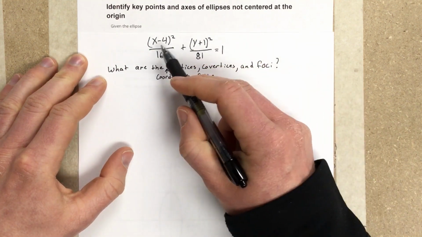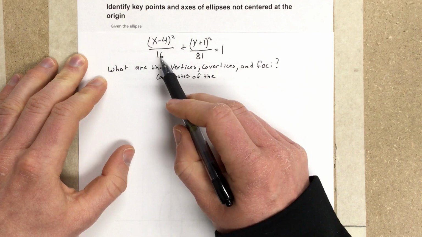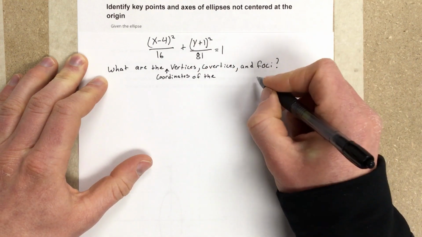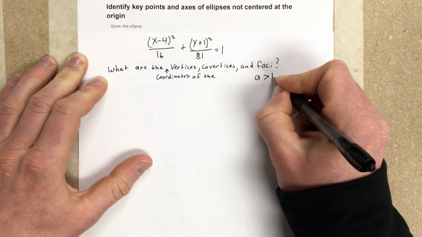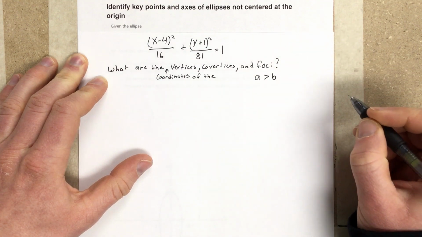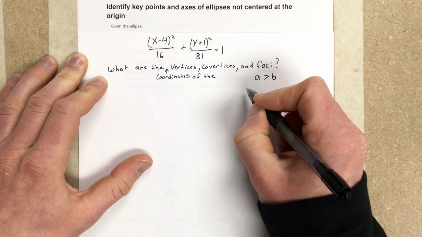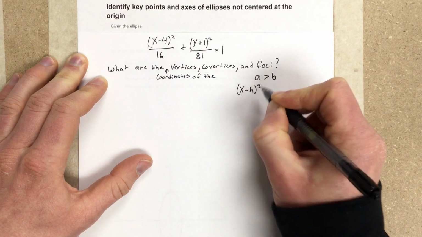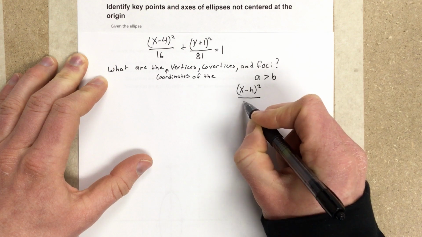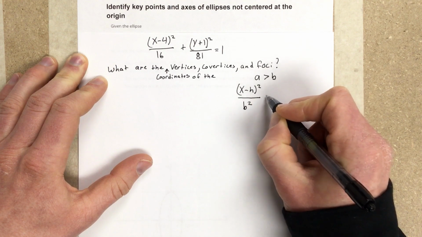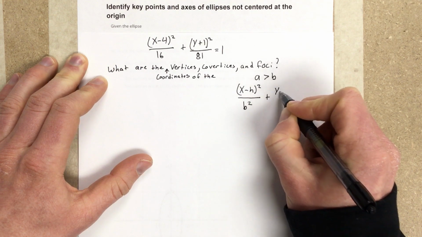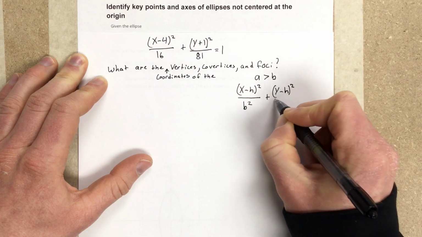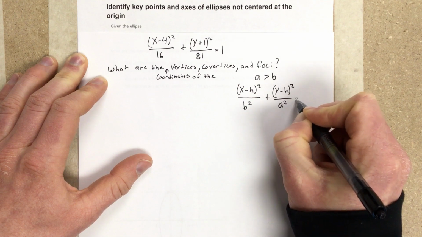First thing I want to notice is that I have this divided by 16 and divided by 81, and I always want a to be greater than b. So that means my equation originally was written as (x − h)² over b² plus (y − h)² over a² is equal to 1.